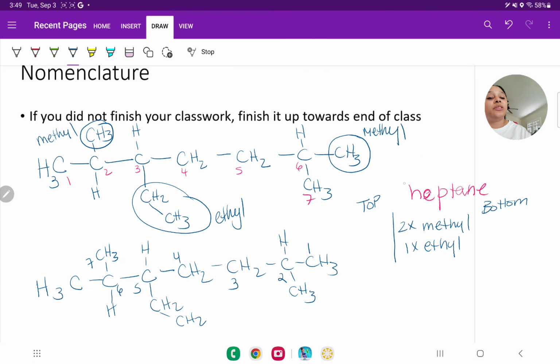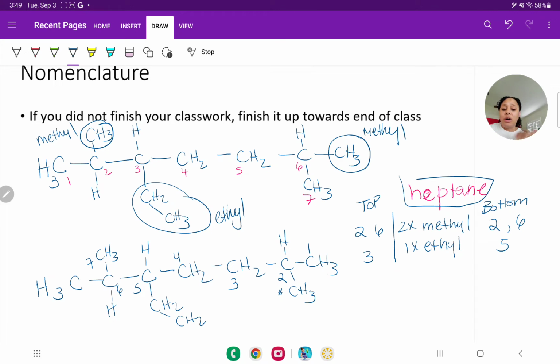Now that we know heptane is the ending, I need to find my locants. On the top one, I have a methyl on position 2 and an ethyl on position 3, and my second methyl is coming off of 6. On the bottom one, I have a methyl on 2 right here, another methyl on 6, but my ethyl is on 5.